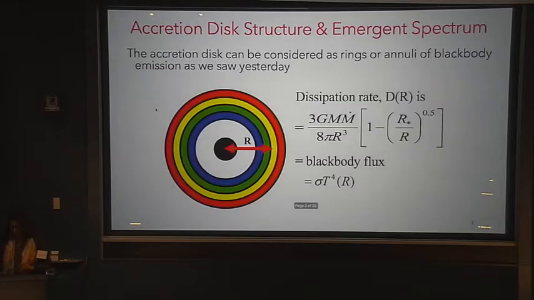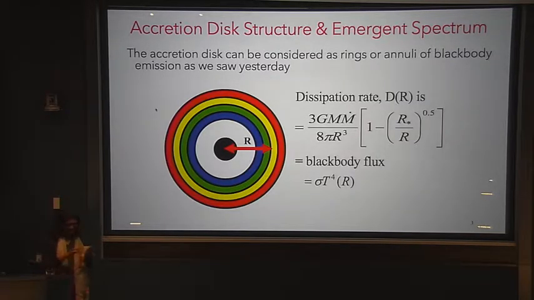So let's just continue back to the basic stuff once again. I've been telling you that our goal is always to try to explain all observed phenomena as much as we can with a simple set of heuristics. We saw that you could model an accretion disk basically as rings or annuli, and we talked about the shearing between the annuli, which is the source for viscosity.